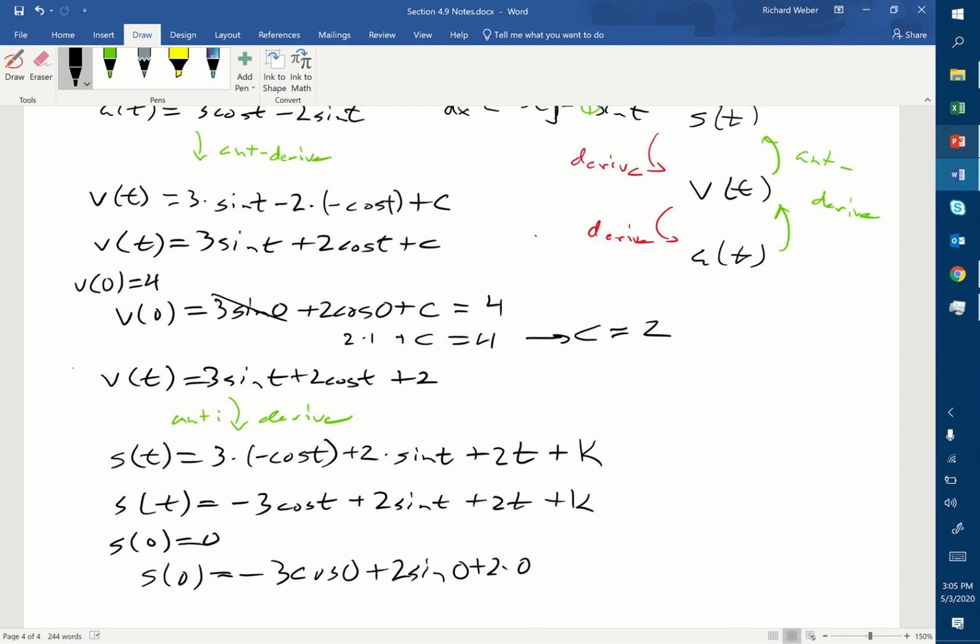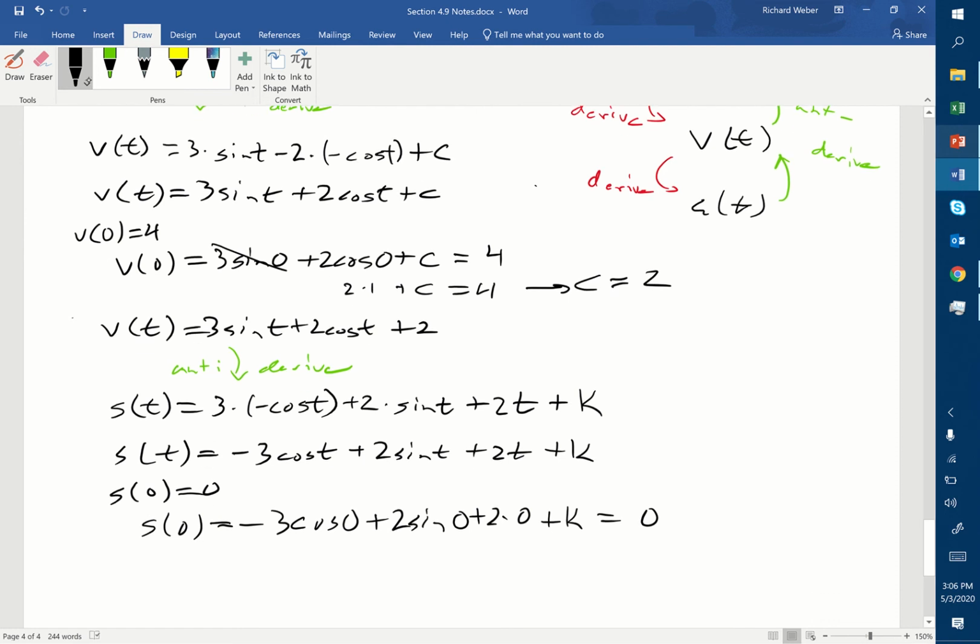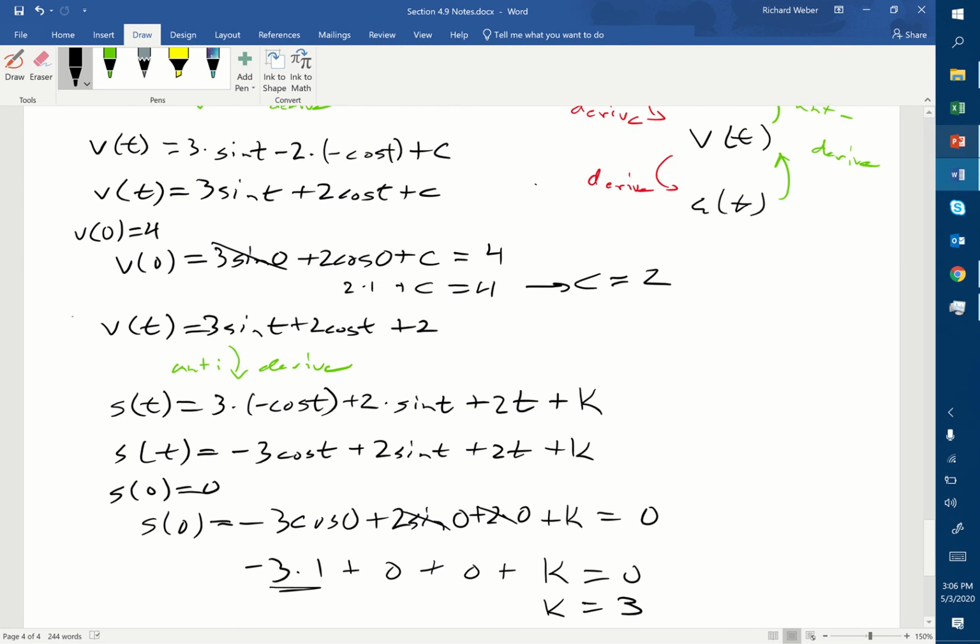That's all of the t values are 0, plus k, and we want that to be 0. You'd think k is 0. You'll be in for a surprise, because what we have is minus 3 cosine of 0, which is 1 again. Hello. Plus 0 plus 0 plus k is equal to 0. So what is k? Looks like k is 3 when you throw it to the other side.